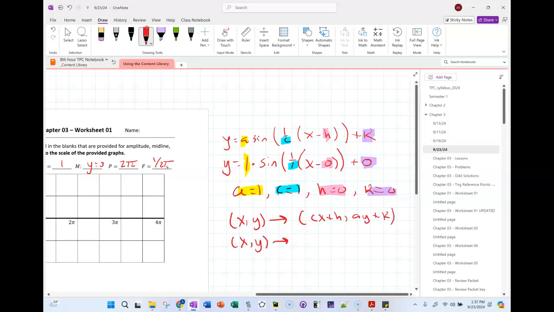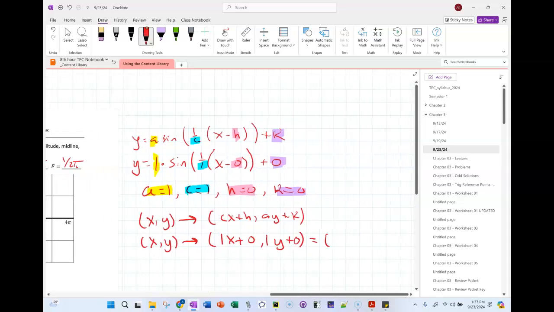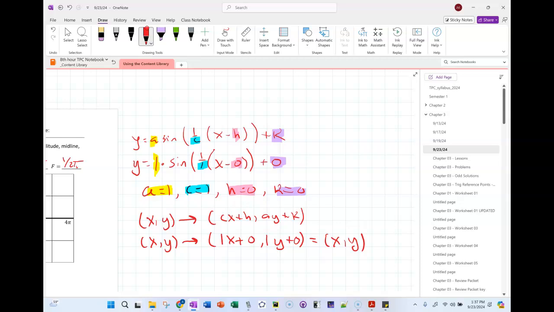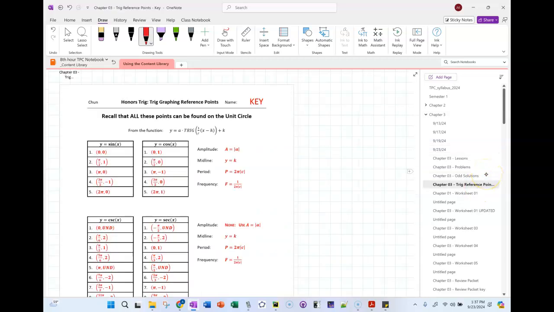And if I write my transformation map, well, if c is 1, and h is 0, and a is 1, and k is 0, really that's just x, y again, right? So I don't have to do any transformation at all. I'm just going to take my reference points for sine and plot them.